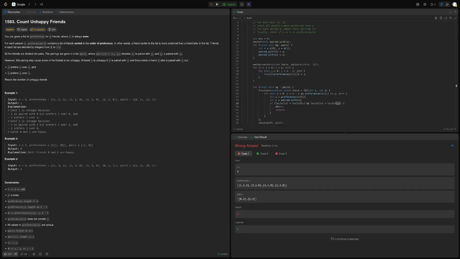X prefers U over Y and U prefers X over V. So this is U, V is what you are paired with, and U prefers X over V, and X prefers U over Y. I mean, we have that, so I don't have to put this in.